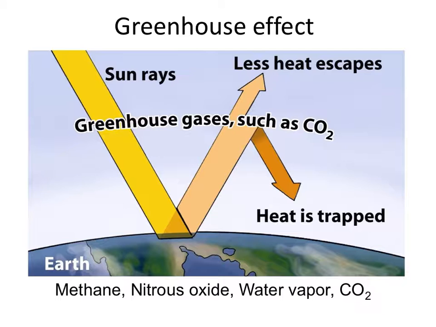And so if you want to see an extreme greenhouse effect, go to Venus. Venus has a much thicker atmosphere. The surface temperature is about 900 degrees, I think Celsius, I'm pretty sure. Very, very hot. Okay, so that really has a greenhouse effect.